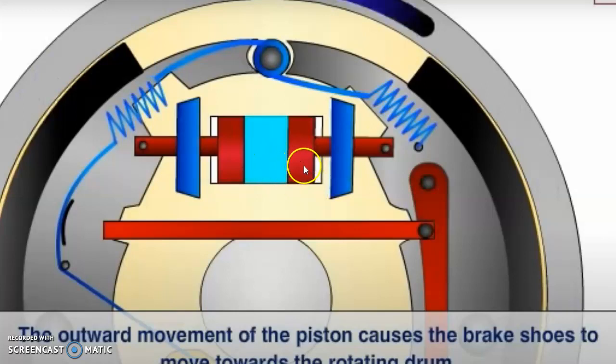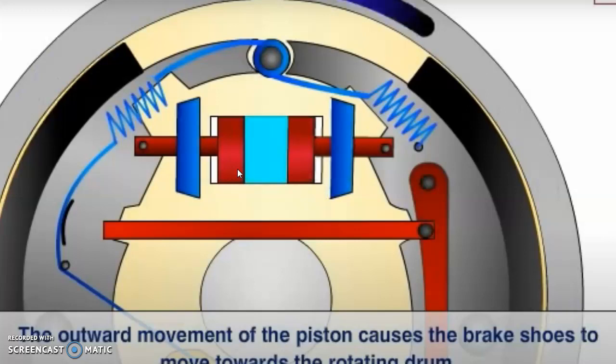When these pistons move opposite to each other, they expand the brake shoes. That means the brake shoes move towards the drum, so it is an internally expanding brake.